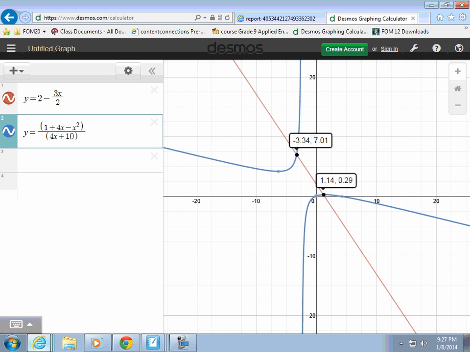So one of them is at 1.14, and the next one is at 1.41. If you notice, that one is a little bit off my graph, so that's why I go with this one, 1.14. So my two solutions graphically are negative 3.34 and 1.14.